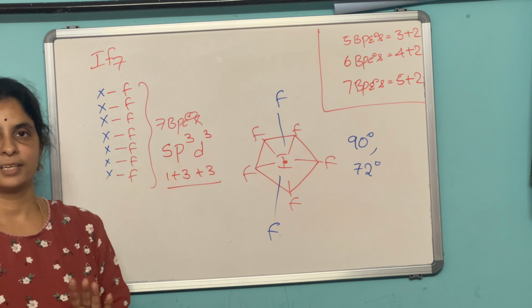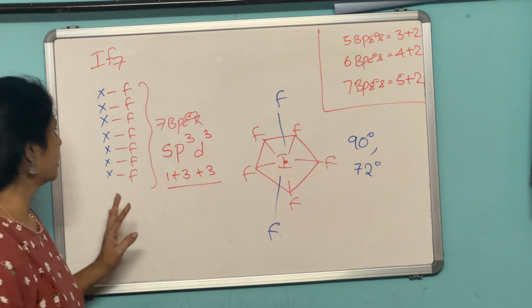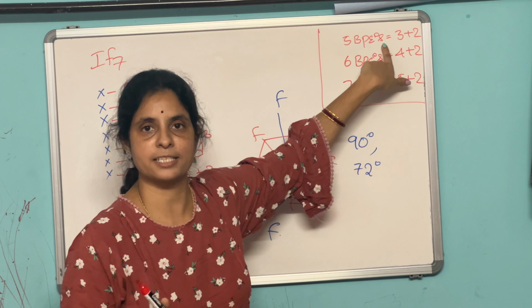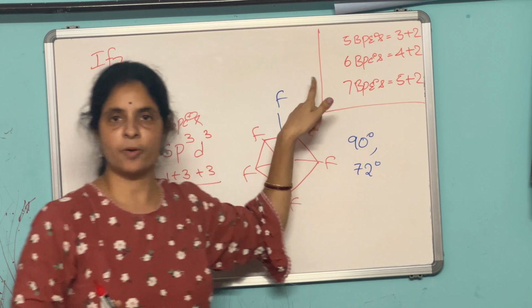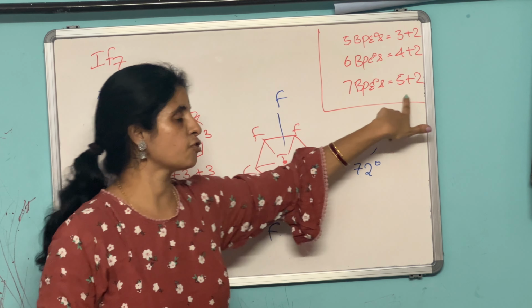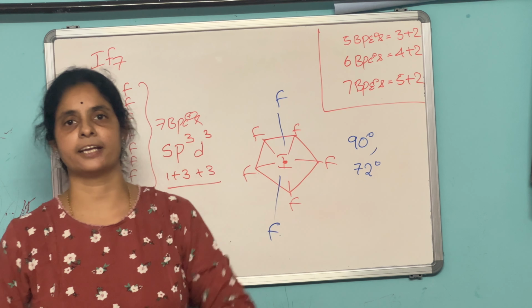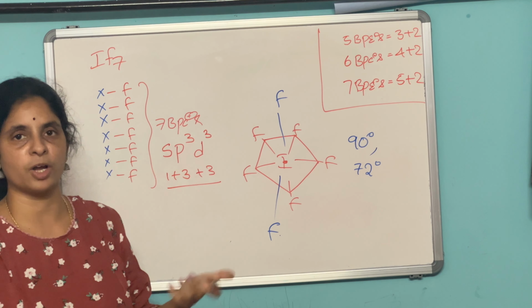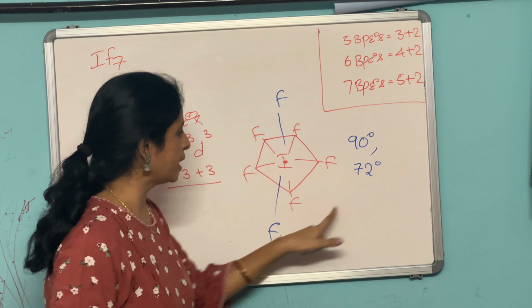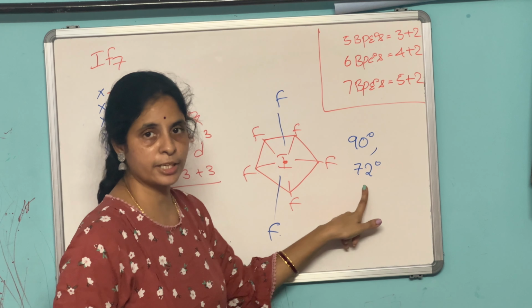Clear? Super clear. If it is 5 bond pairs of electrons, you split as 3 plus 2. 6 bond pairs of electrons, 4 plus 2. 7 bond pairs of electrons, 5 plus 2. You can apply this trick anywhere, for simple molecules and ions. In the pentagon, each angle is 72 degrees.